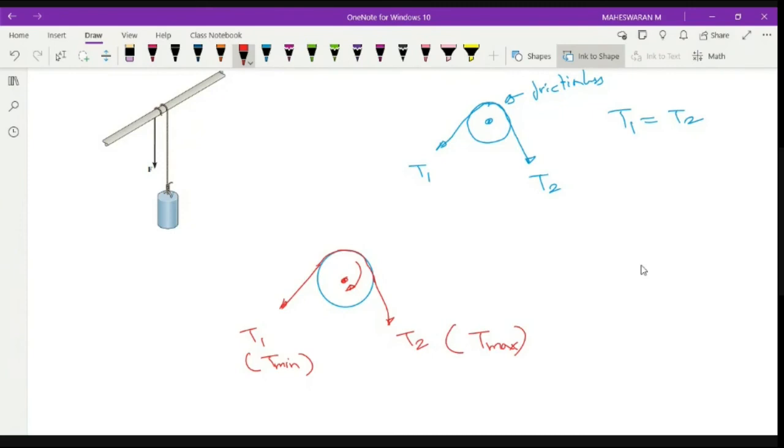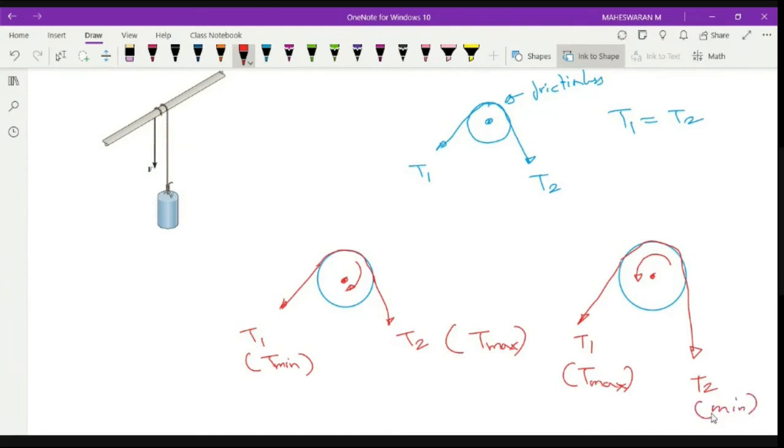Now I'm going to consider the same thing in a different way. This is my same pulley with a belt passing over it. This is my T1 and this is my T2. Let me assume that my pulley is rotating in anti-clockwise direction. When this happens, the side towards which the rotation is happening will be maximum, and the other side will be minimum.